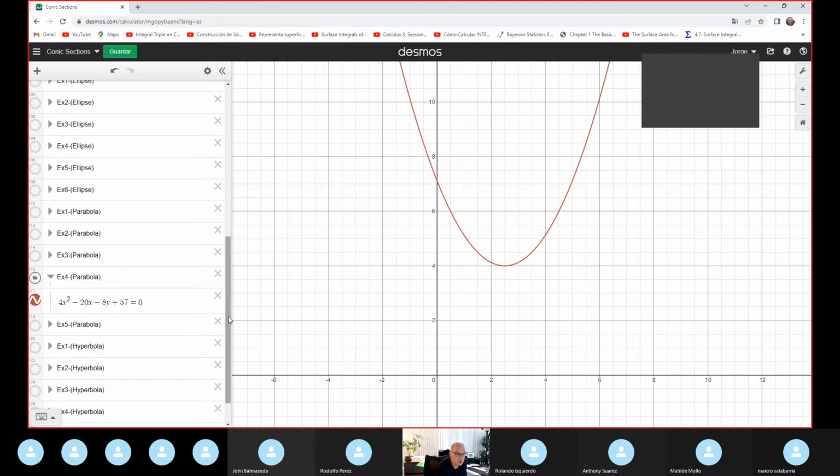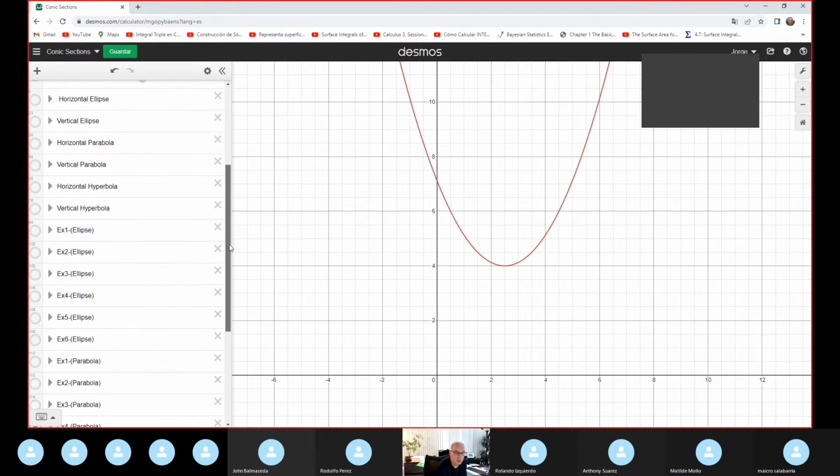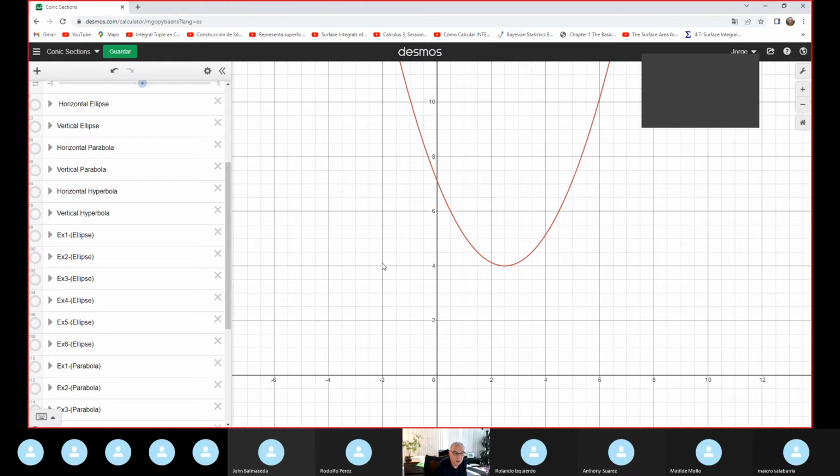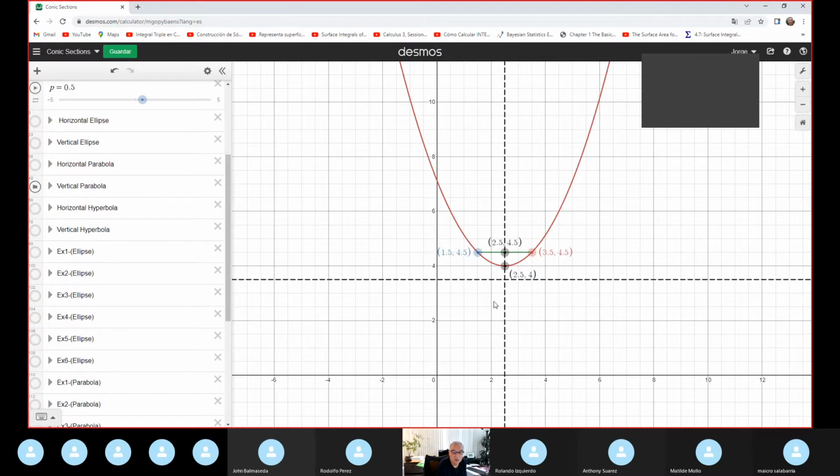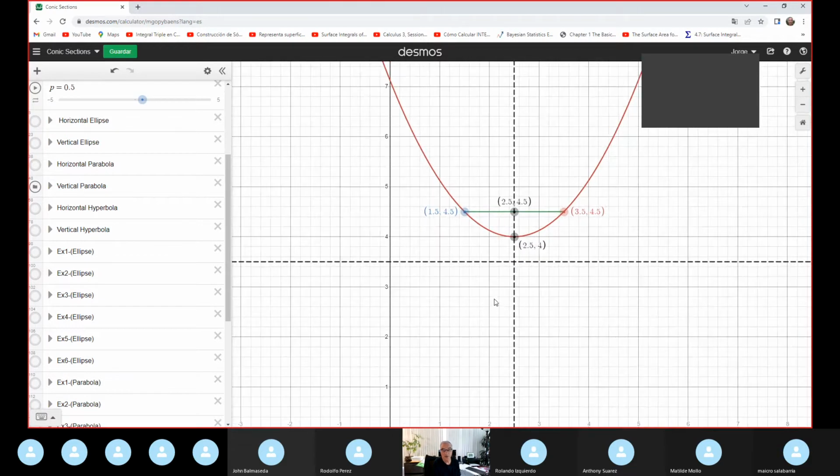I manipulate it on the piece of paper. So here we have a vertical parabola, right? Vertical. Look at that. Vertex 2.5, 4. Focus 2.5, 4.5. Endpoints of the focal diameter, directrix and axis of symmetry. 2. Fantastic.